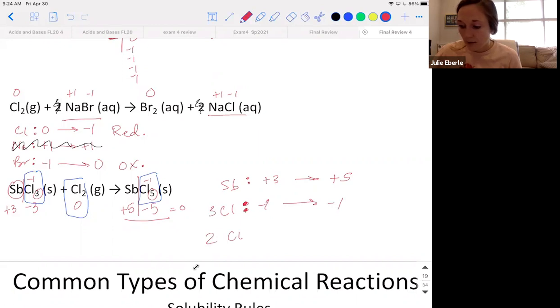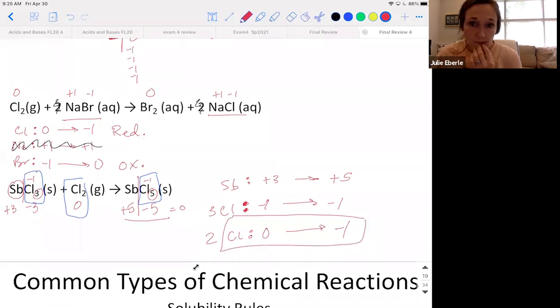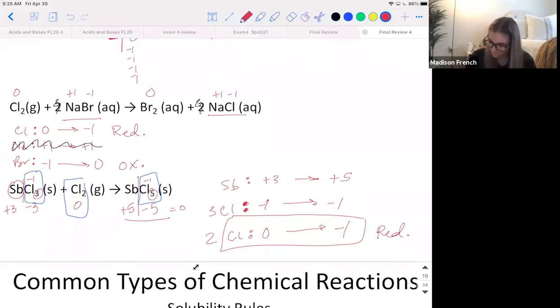Now again, we're not counting in coefficients here, but I'm trying to make the point that I do have some chlorine atoms that are changing. They're going from 0 to -1. Some are already a -1, they're not changing, but I do have some chlorine atoms that are going from a 0, and then they're all -1 on the product side. So this one's being reduced, and antimony is being oxidized.